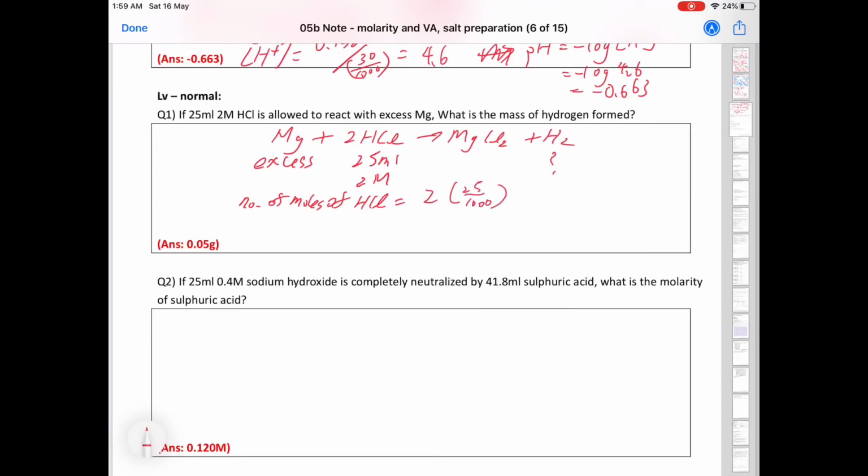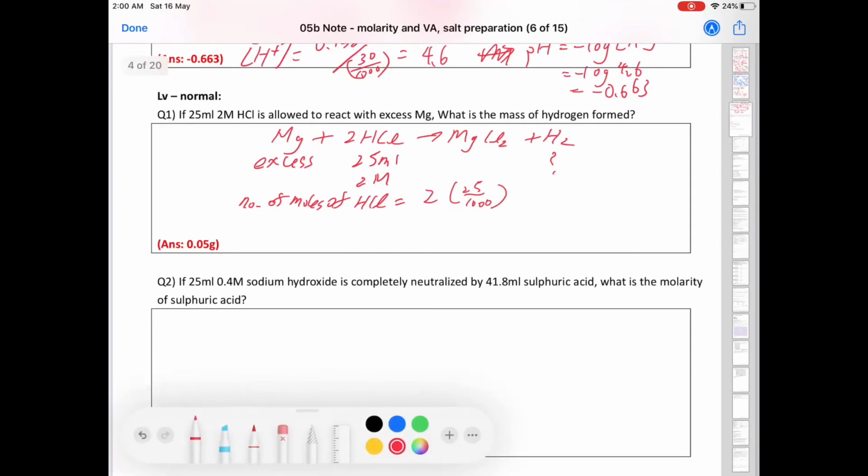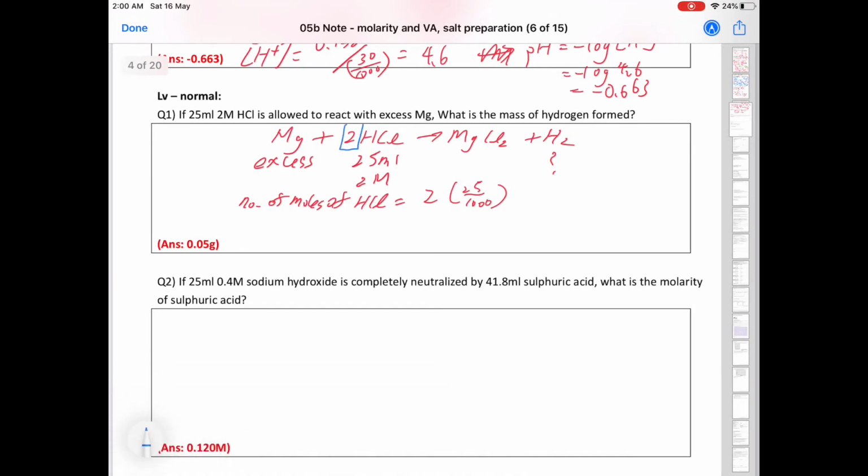And then the second thing is that, just like the trick in mole calculation before, we have to use the mole ratio. Reacting 2 HCl will give you 1 H2, so the mole ratio between them is 2 to 1.